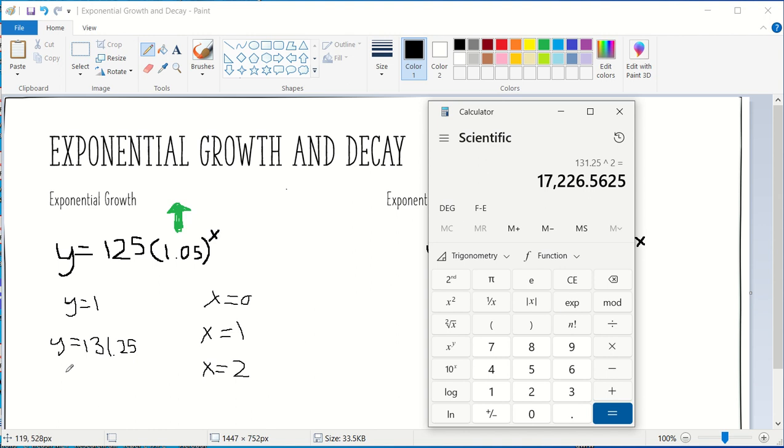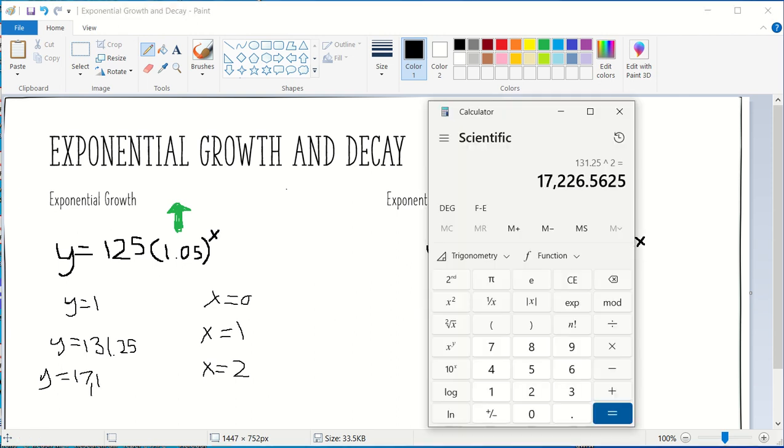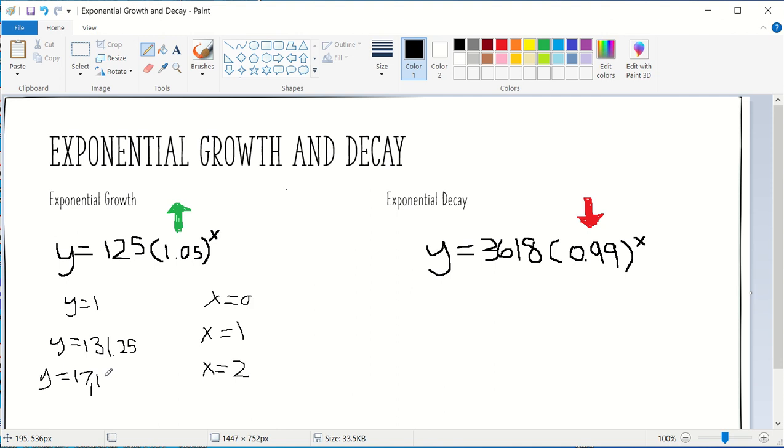So it's really gone up quite a bit. That's a really big growth. As you can see, if the number in the parentheses is positive, our y value increases as x increases.